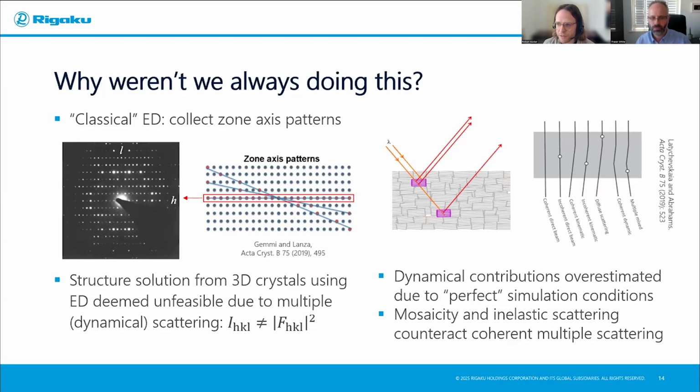The other aspect that was largely not incorporated is inelastic scattering, which also decoheres the electron beam and suppresses dynamical effects. So the current understanding of this is still a bit incomplete. This is improving quite a lot at quite a pace right now, but these are two factors which have been disregarded in these estimations.